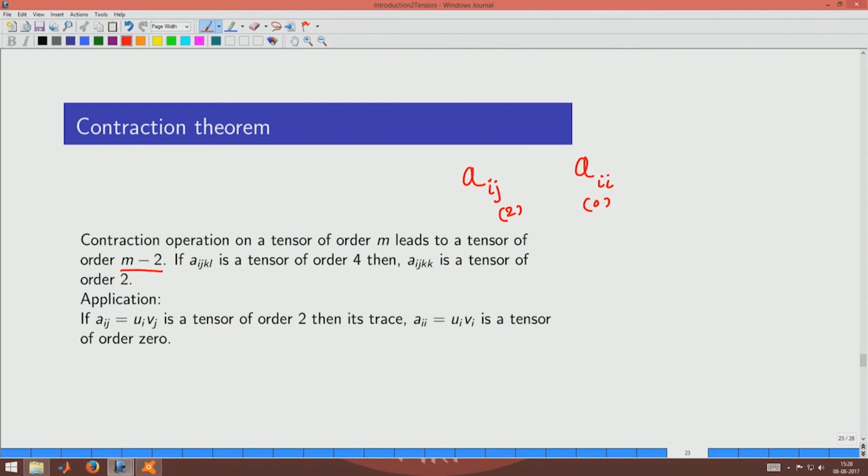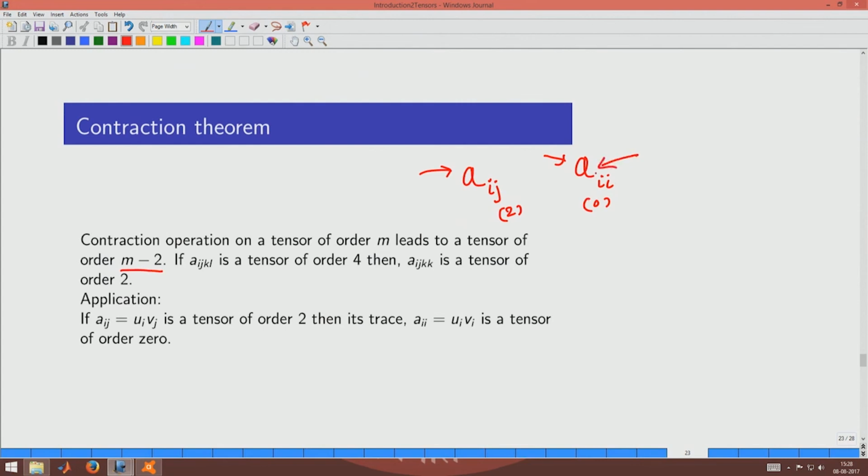The theorem says that whenever you do a contraction operation of a tensor, the resultant quantity is also a tensor, but the order is m minus 2. What it implies is that when you do a contraction operation of a tensor of order 2, the resultant is a tensor of order 2 minus 2, which is 0. A tensor of order 0 is a scalar. So, what we are also saying is that the trace of A is a scalar.